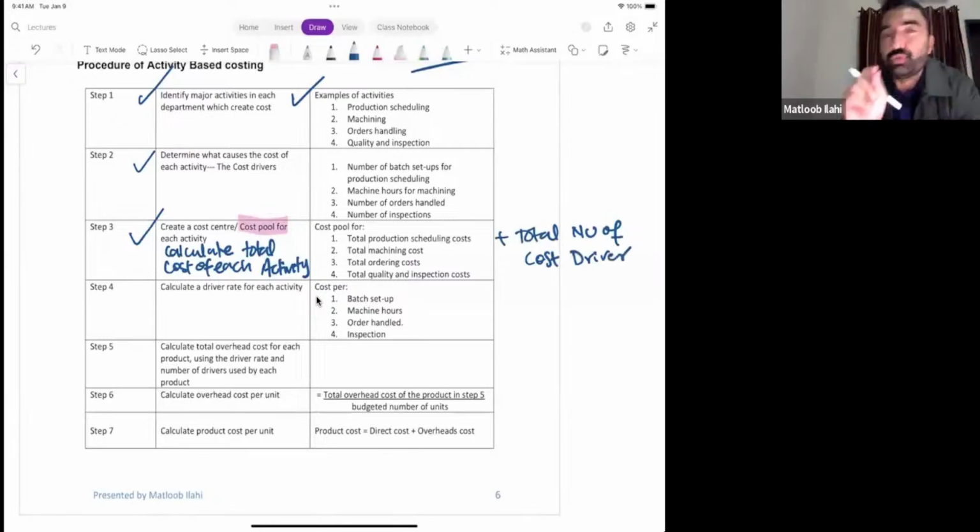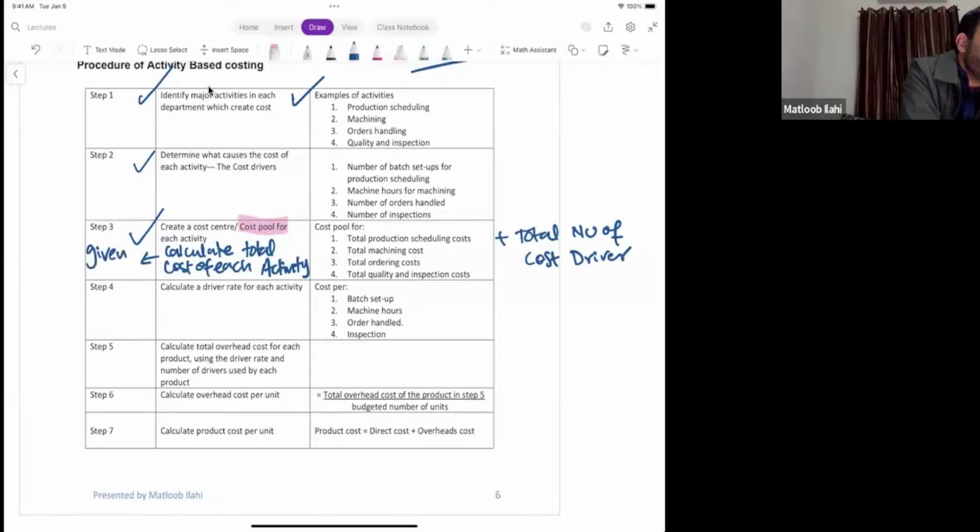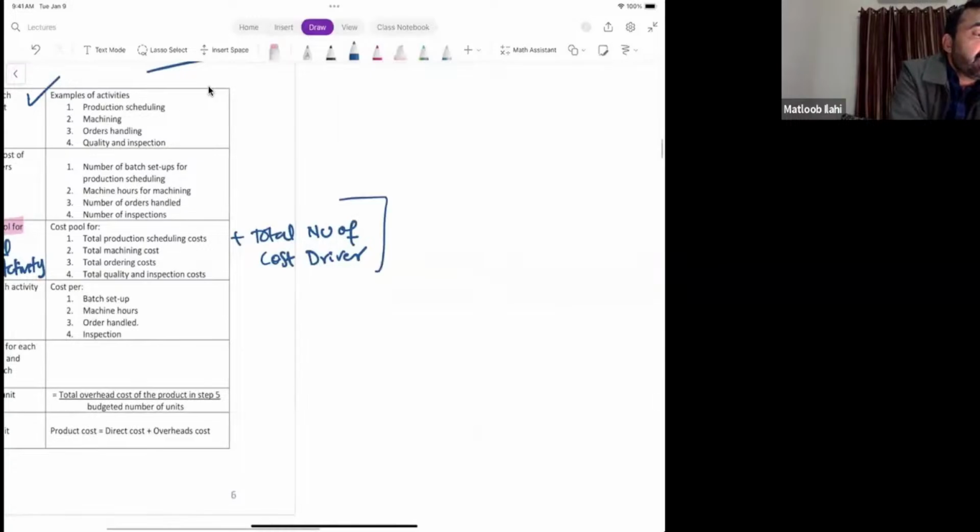Now, let me give you a tip here. At this point, total cost will be given to you. Total cost of each activity is given in the question. So what is technical? This one: the total number of drivers.